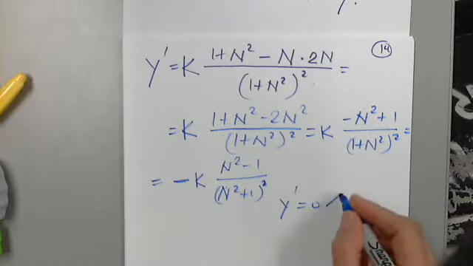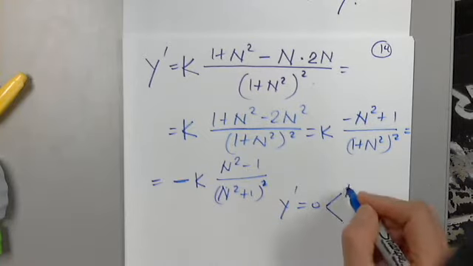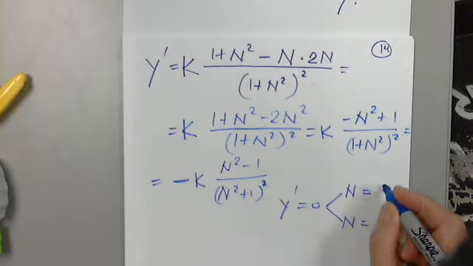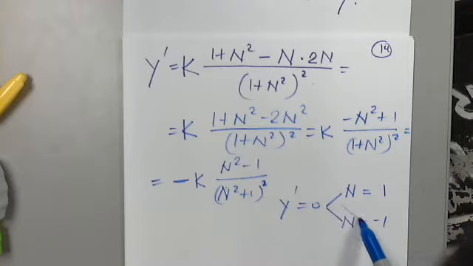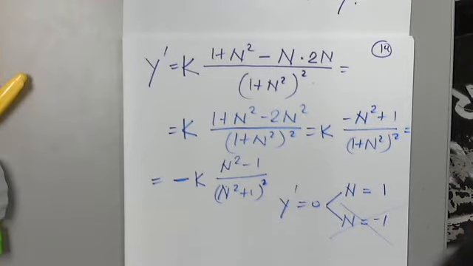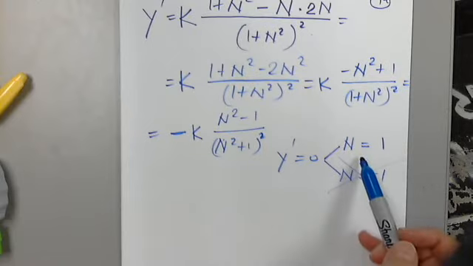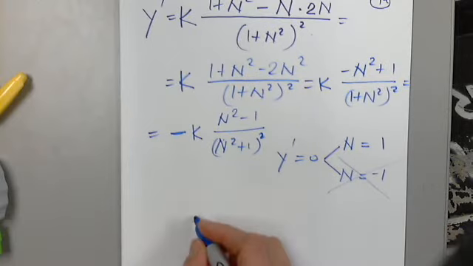So there are two options. N can be 1 and N can be negative 1. Well, we're not talking about nitrogen level of negative 1. So this is the only critical number, 1.